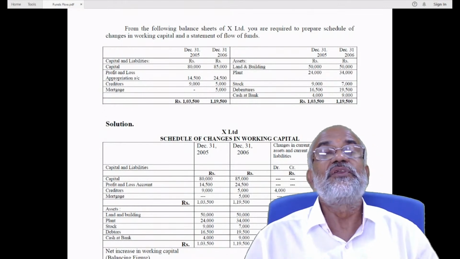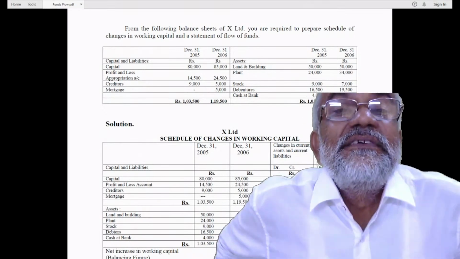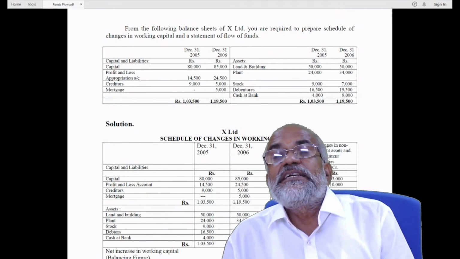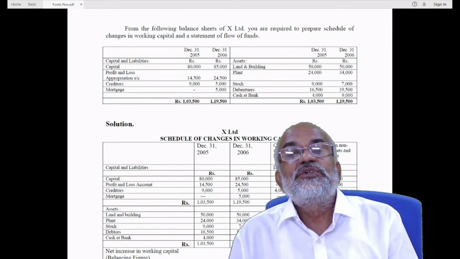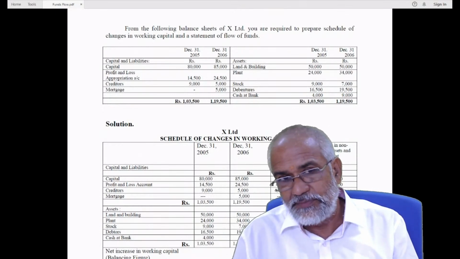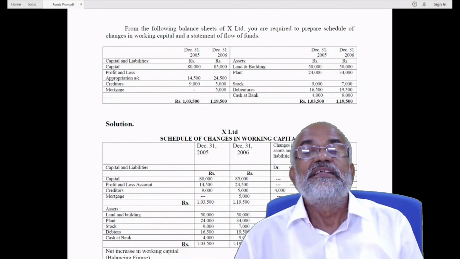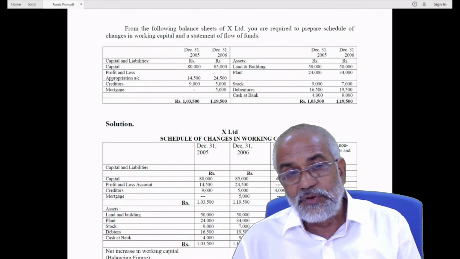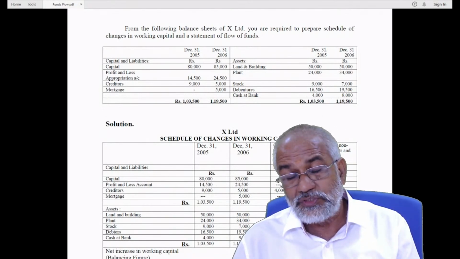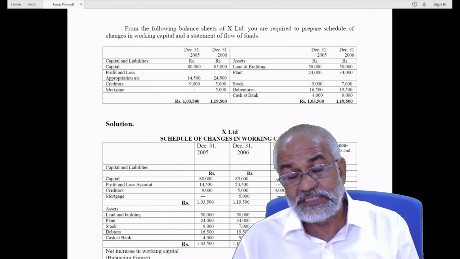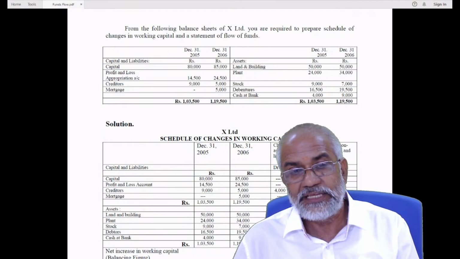So if we look at the example given here, the following balance sheet of X Limited, you are required to prepare the schedule of changes in working capital and the statement of flow of funds, or the funds flow statement. The input required is the 2 consecutive balance sheets without any gap.